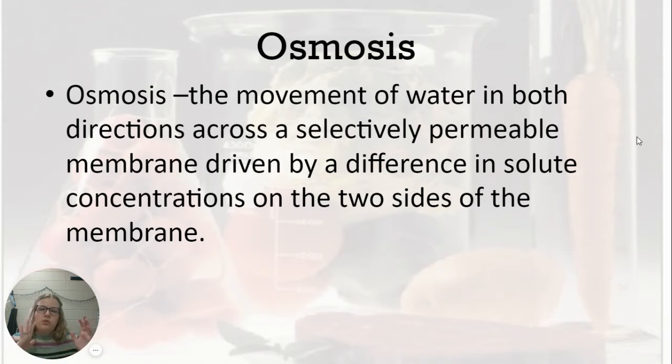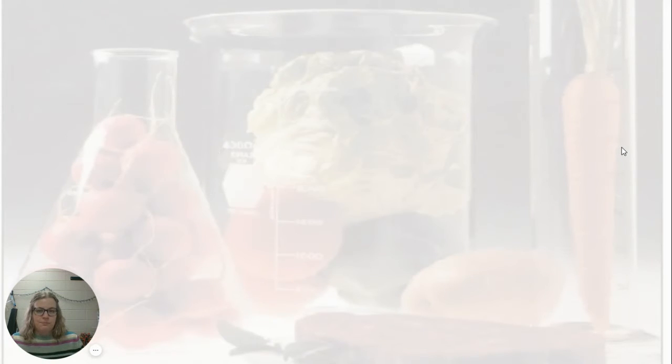And so what drives the movement of the water? Let's say I have two solutions, here's my membrane, and I have two solutions on either side of that, and one has a different solute concentration compared to the other. The difference in concentration is going to force water to move across that membrane until we get our two concentrations equal on both sides of the membrane.